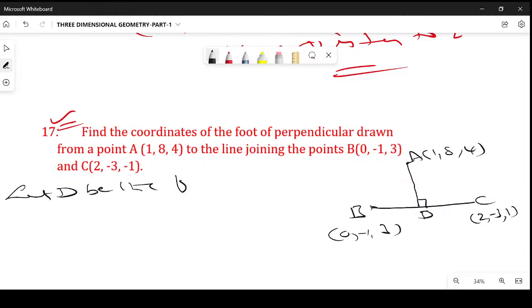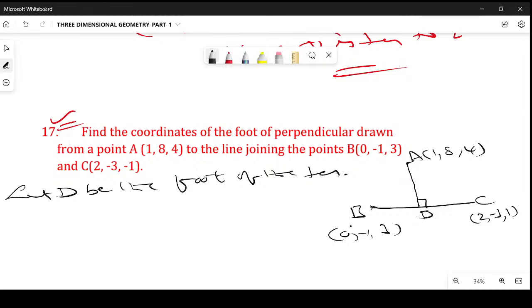Let D be the foot of the perpendicular. First we will find the equation of BC, passing through B and C. What is the equation of BC?